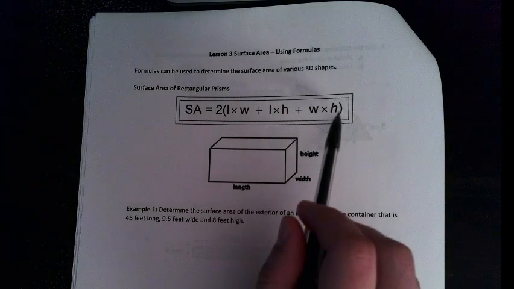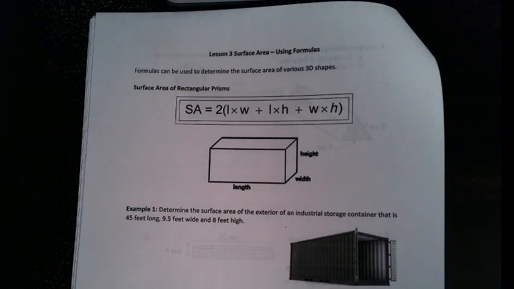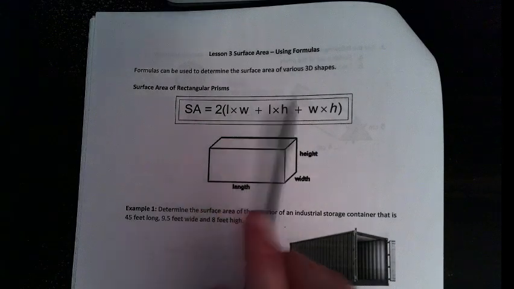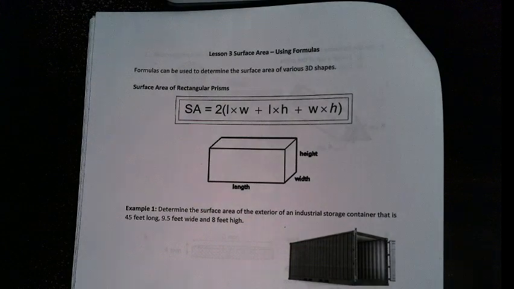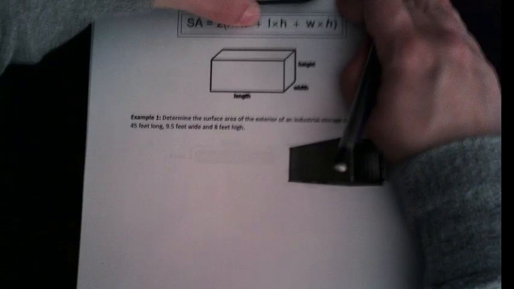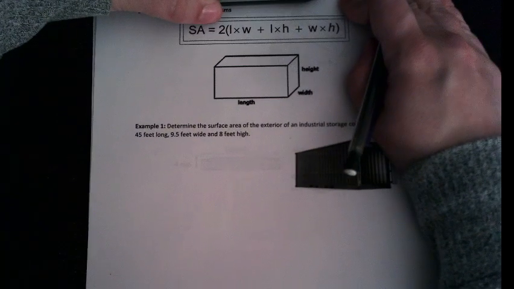The most important thing when you're using formulas, if you want to just use the formula as is, is that in the diagram as given, you want to label all of your sides. If you label all of your sides L, W, H, and then there's some other variables we'll use in other shapes, then you can just plug in those values. So if we look at this first example, I'm going to keep the formula there.